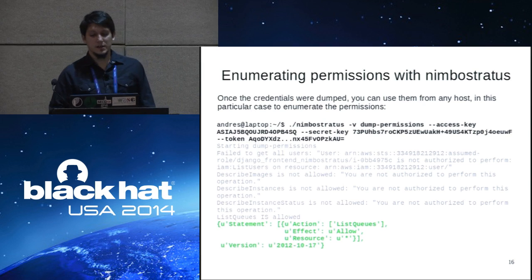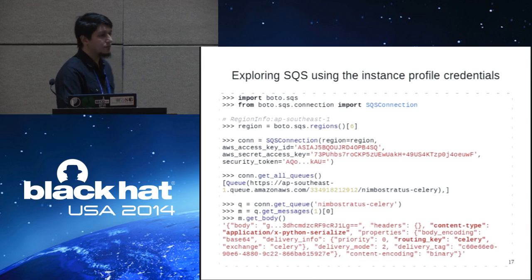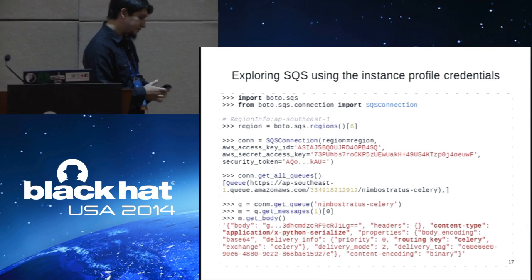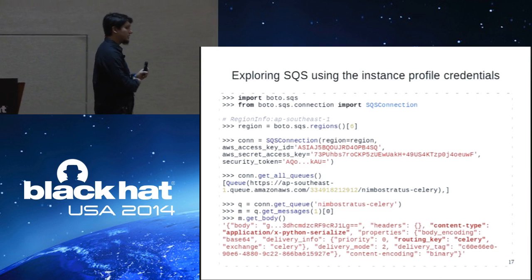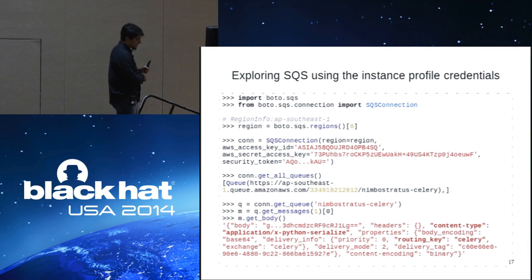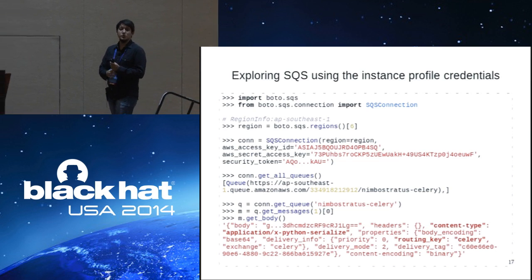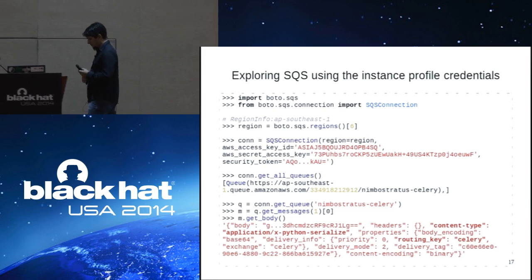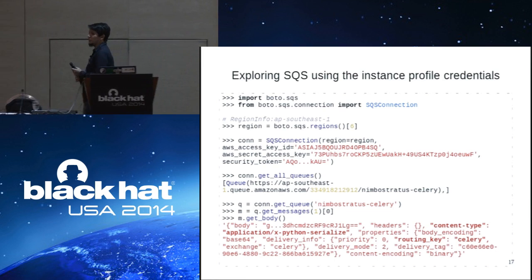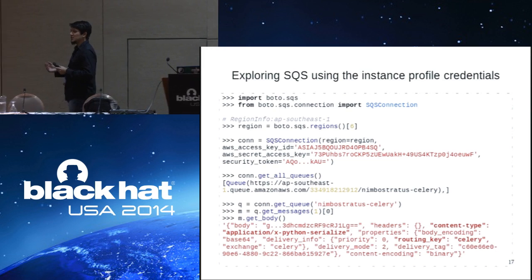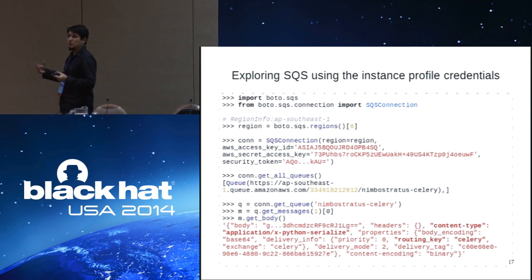At that point, I said, what is list queues? I don't know what it is. After a small Google search, I found out that list queues was a function in the SQS API from Amazon.